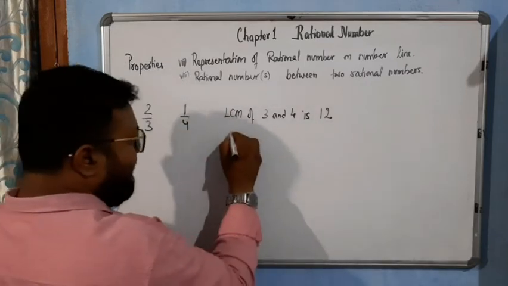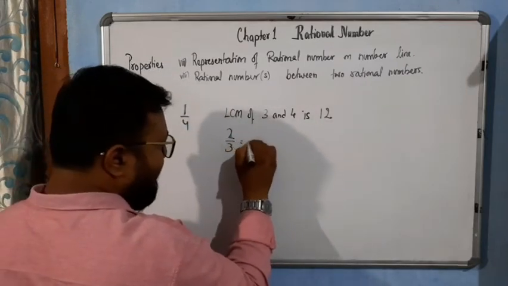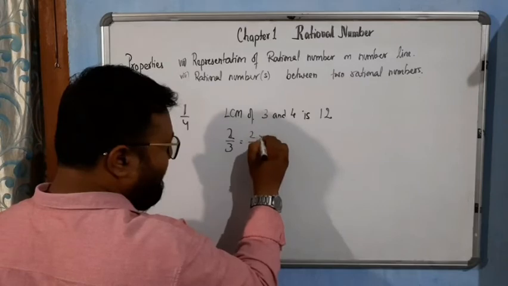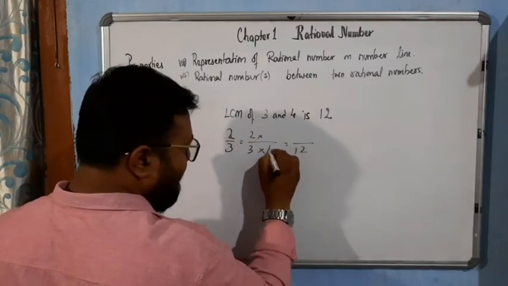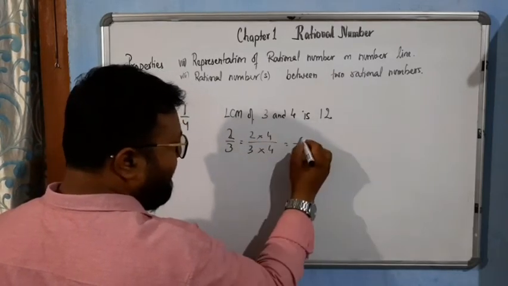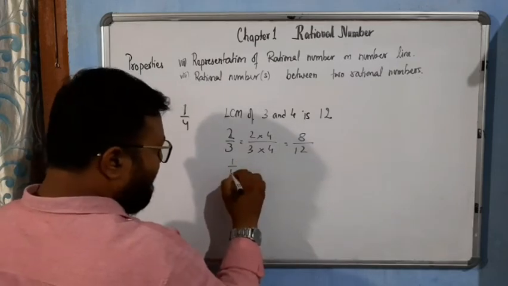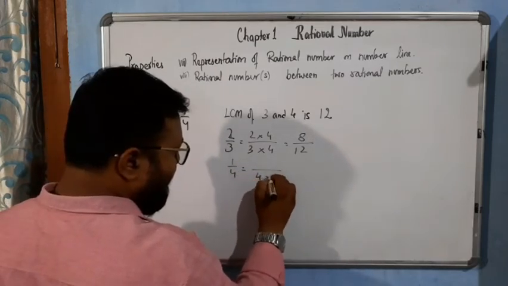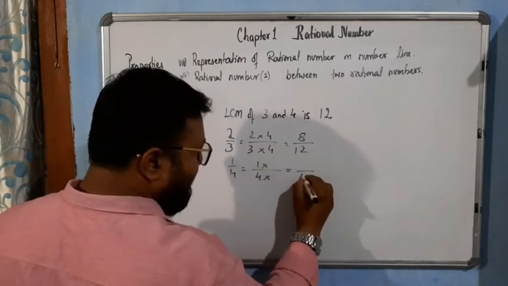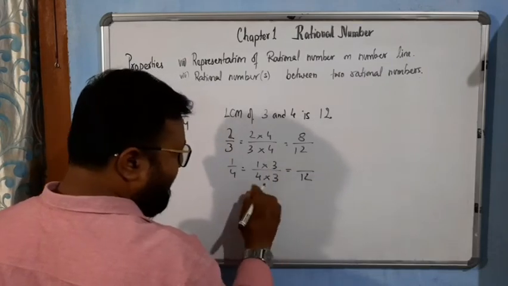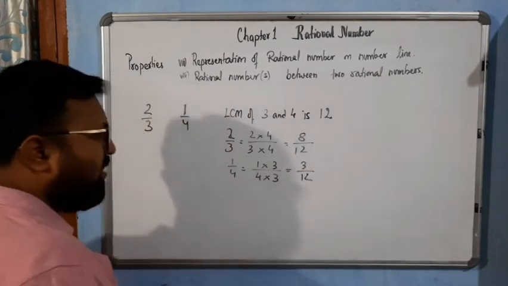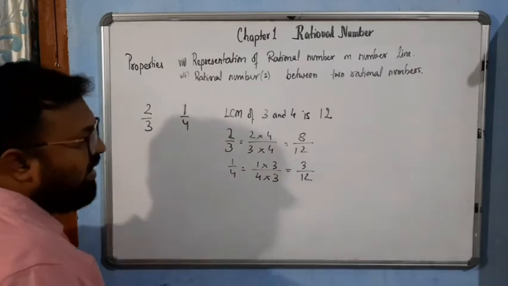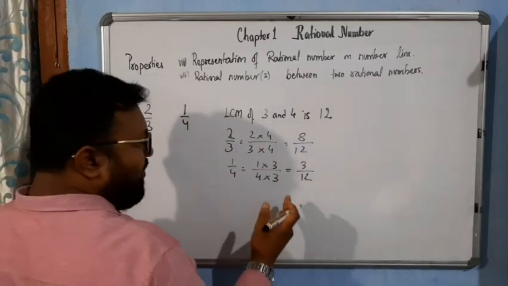So we will try to convert this one. 2 by 3: 3 into 4 gives you 12, so it will be 4 here also. 4 twos are 8, so 8 by 12. And 1 by 4: here also 4 into 3 is 12, so 3 by 12. So we can clearly find so many rational numbers.